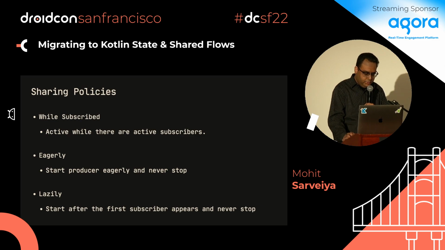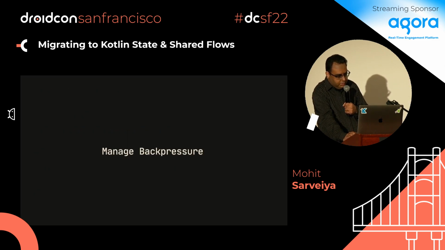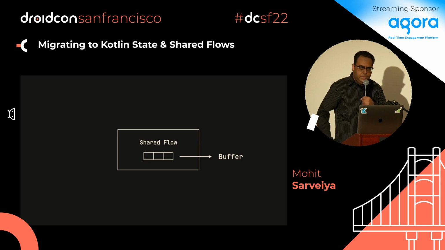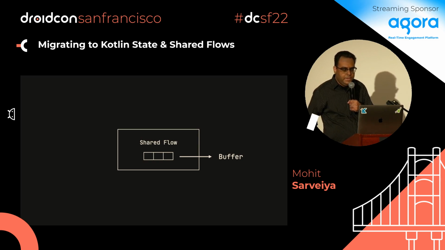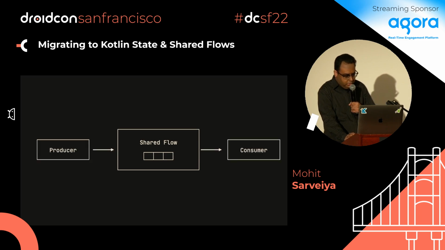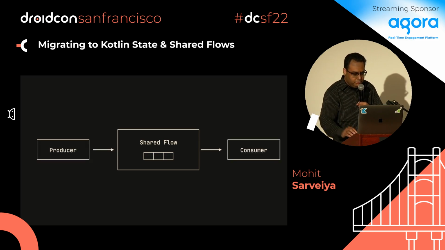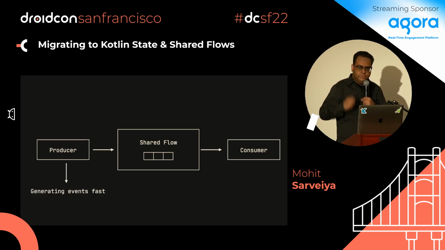Mostly you would use while subscribed. The last thing that I want to go over is managing back pressure. So with shared flows you have the ability to specify how many items you want to cache that you emitted to it. But suppose in this type of a setup where you have a producer and n number of consumers, you could have a producer that's generating events really, really fast, but your consumers are slow.